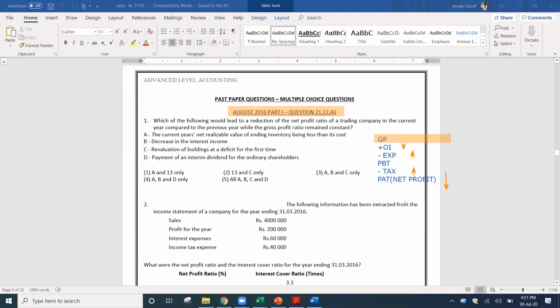That's the reason net profit will decrease. Right? So net profit decreases if expenses increase, or else income decrease. Okay.